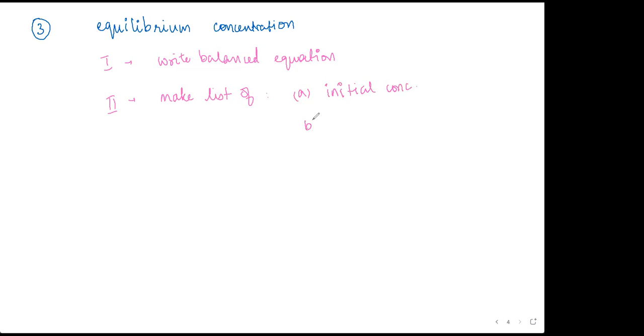Second, the concentration as the reaction proceeds to equilibrium, which is going to be an unknown value.